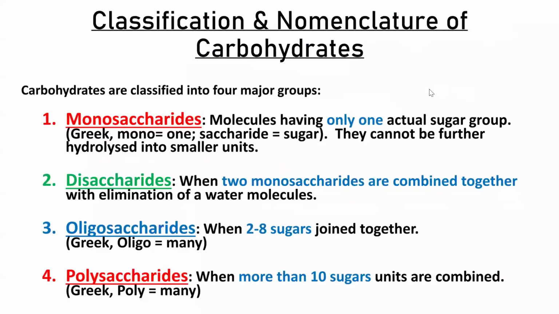So now we are going to look at the classification of carbohydrates. Carbohydrates are classified into four: monosaccharides, disaccharides, oligosaccharides, and polysaccharides. What is a monosaccharide? Mono means one, saccharide means sugar. So it's a molecule having only one sugar group.